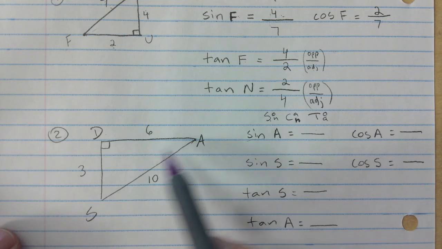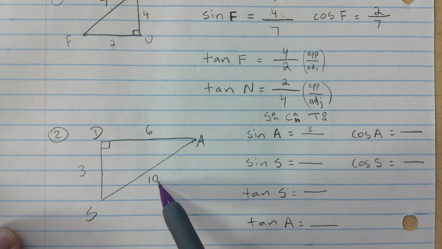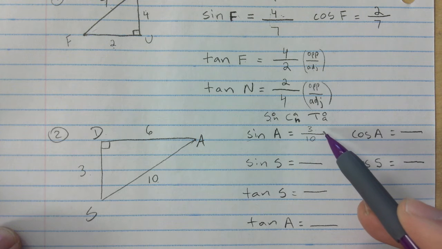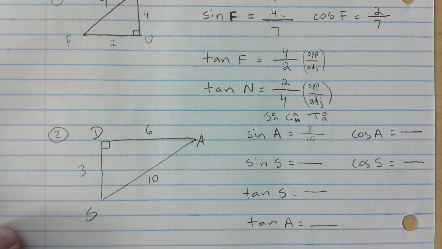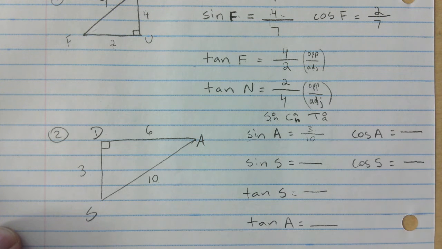Just grab the number. Opposite is 3. Hypotenuse is 10. Okay? Got it? This, by the way, can be 0.3. You could write that 3 divided by 10 is 0.3. Some textbooks will do that. I just leave it as a fraction. Later on, we might divide it and get it into a decimal, okay?